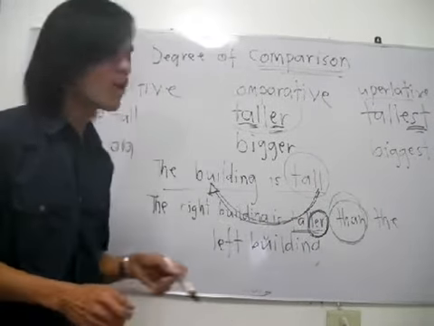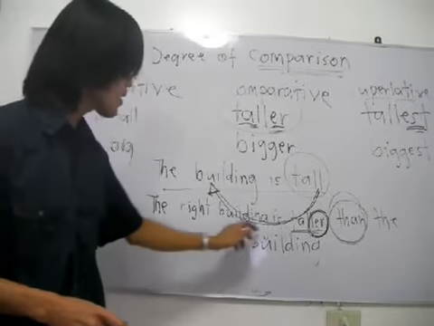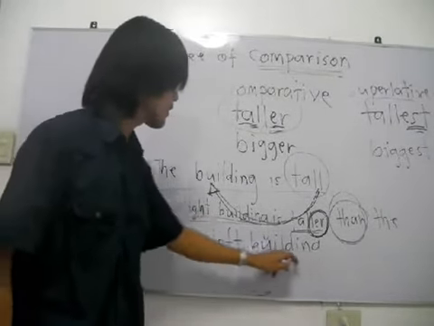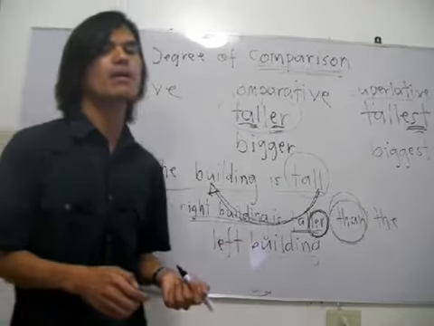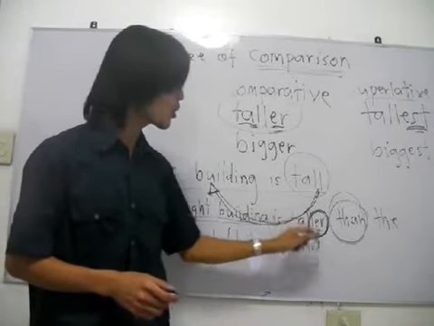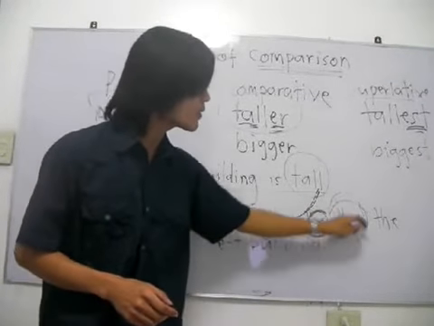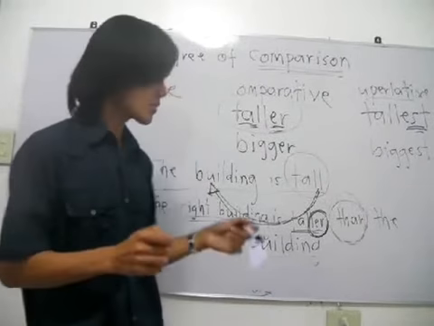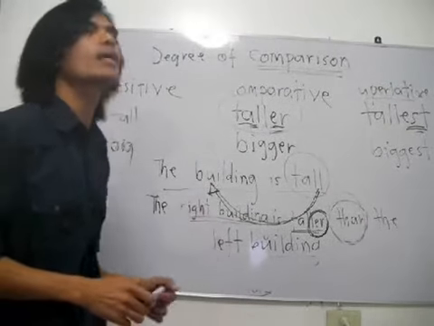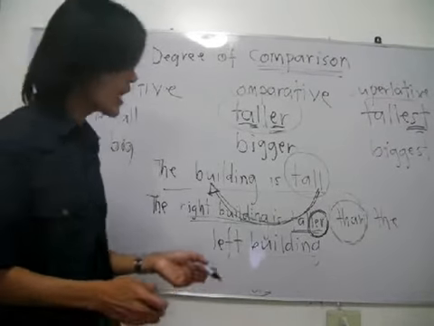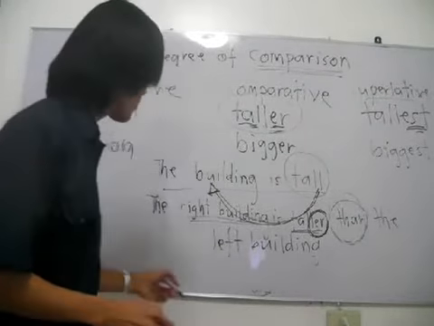Why? Because we are comparing the right building to the left building. So that becomes a comparative degree. Tall, taller. And with the use of the word than, we compare the right building and the left building.